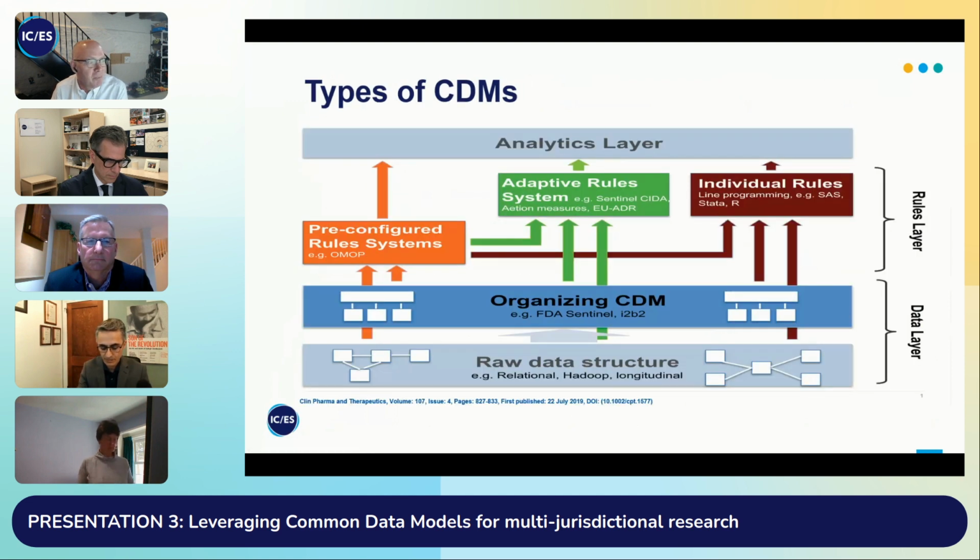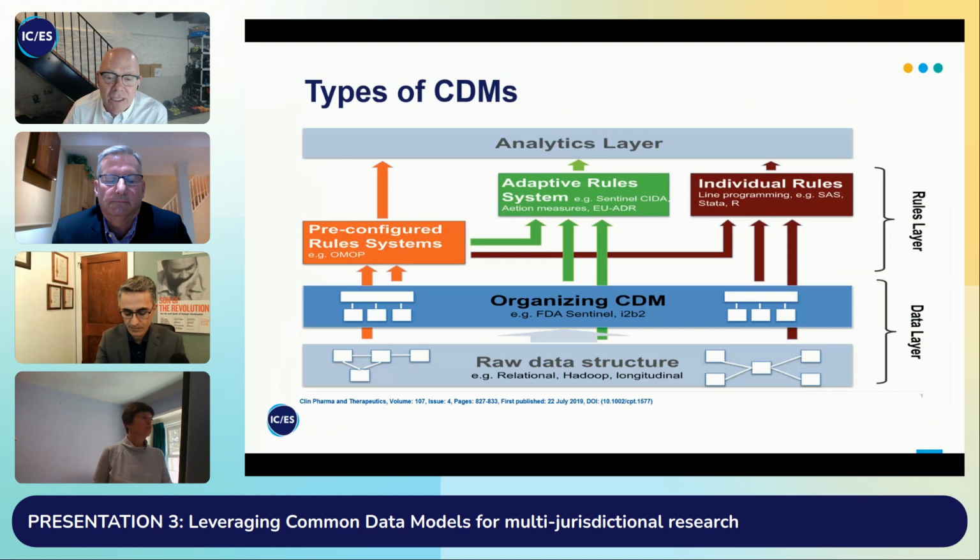So this is just a brief schematic of the common data model structure. So we think about the raw data in the bottom slice of this graph. That's just our ordinary relational database, data warehouse that contains all of our data files.